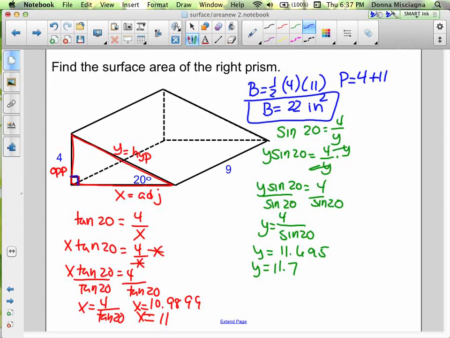That is so hard to read. The board just doesn't like me. Let's put the perimeter way over here. So that's going to be 4 plus 11 plus 11.7. And it looks much better. 11 plus 11.7 is 22.7, plus another 4 is 26.7.